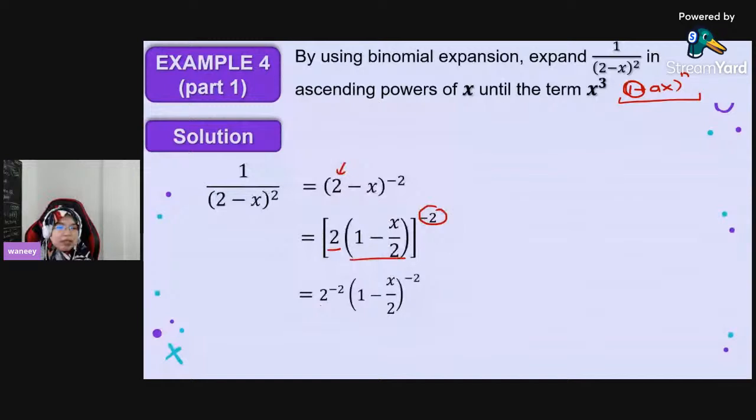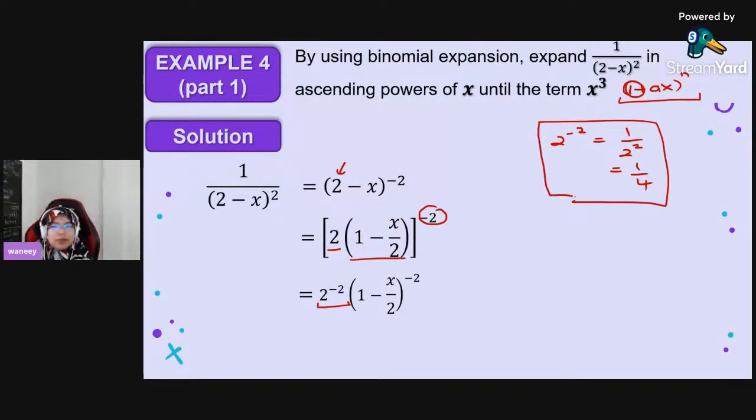The number in front you can simplify: 2 to the power of negative 2 is simply 1 over 2 squared, which is 1 over 4. So we have 1 over 4, 1 minus x over 2 to the power of negative 2. Now I already have 1 over here, so that means I can use the formula for the binomial expansion.